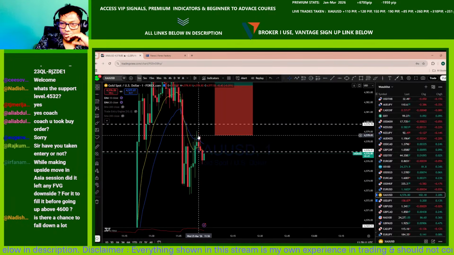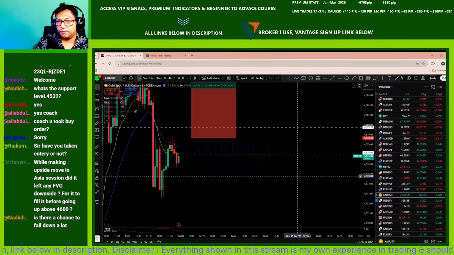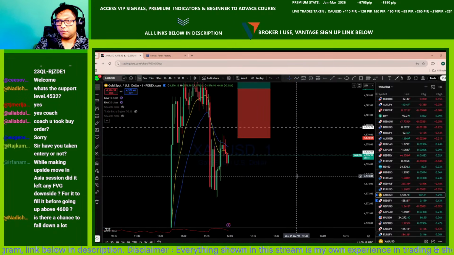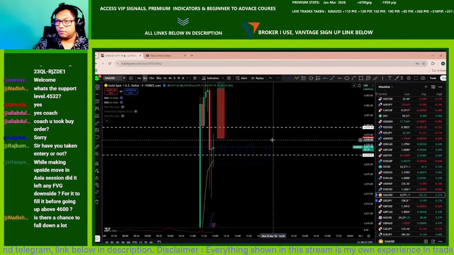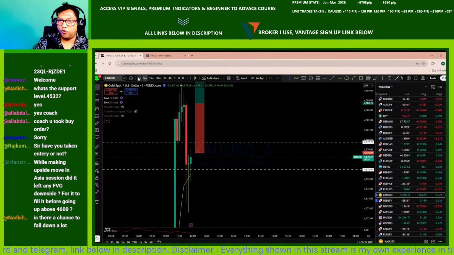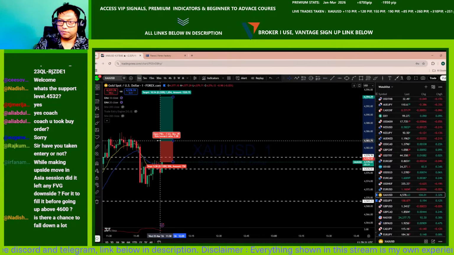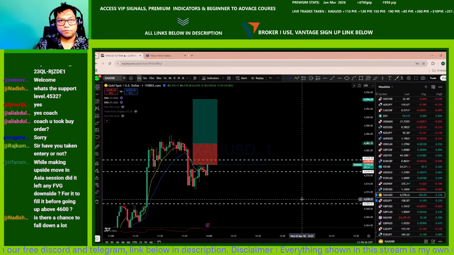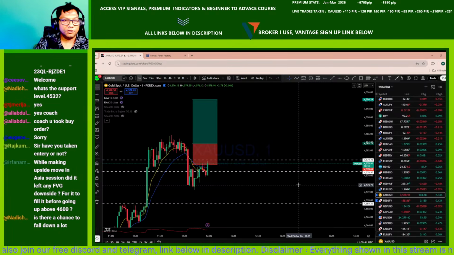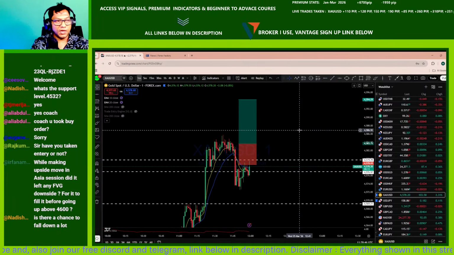So you can see a move, again another drop, and the 5 minutes candlestick pattern forming as a rejection of this lower price. Could be that there might be a rejection that you could see here. The market is trying to bounce off this level.